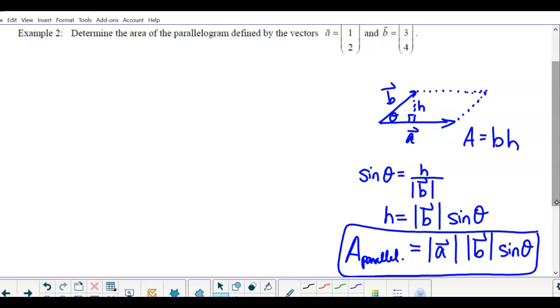So rather than calculate the angle between them, right? Why go through all that?